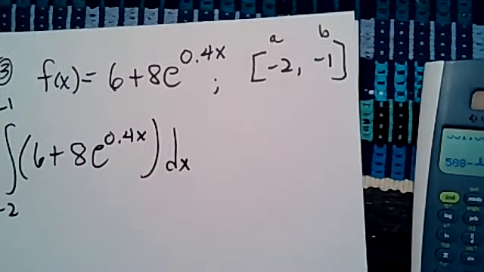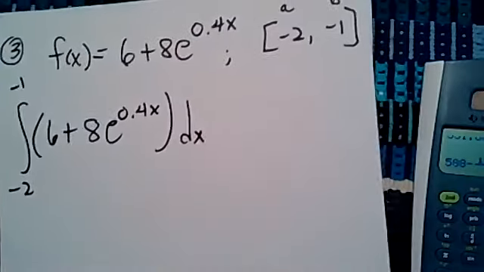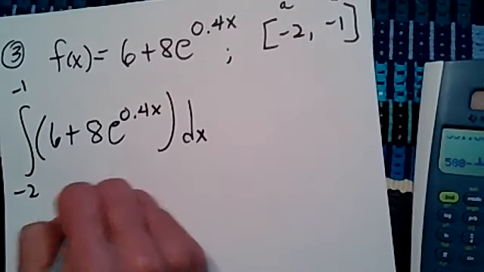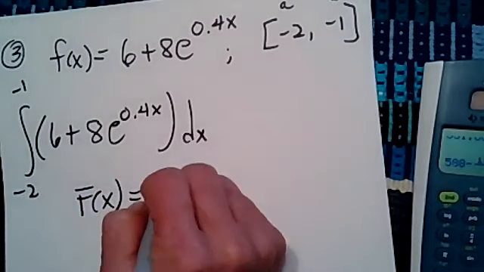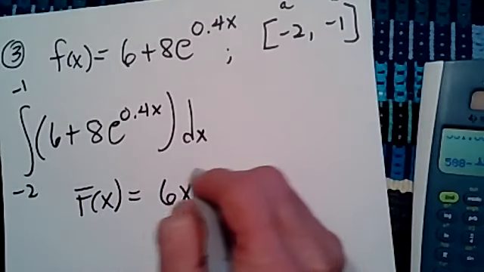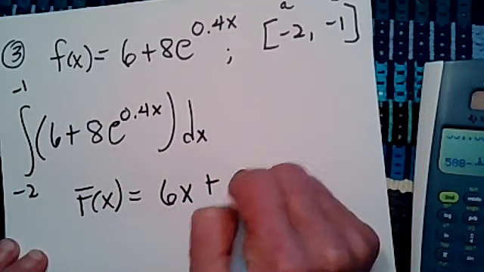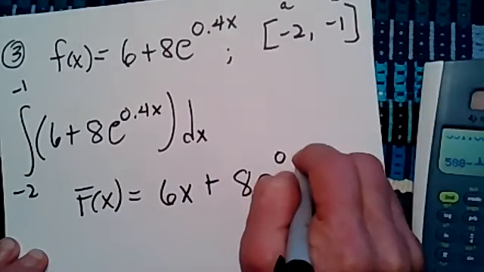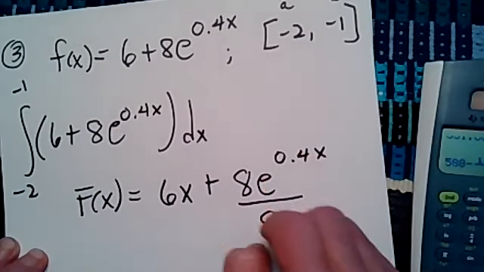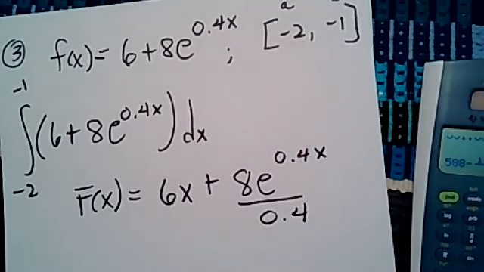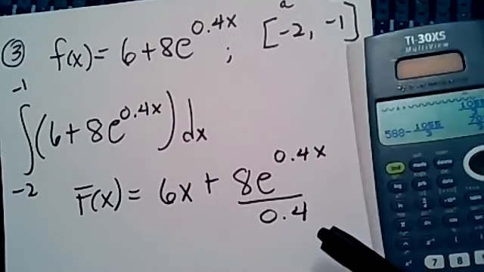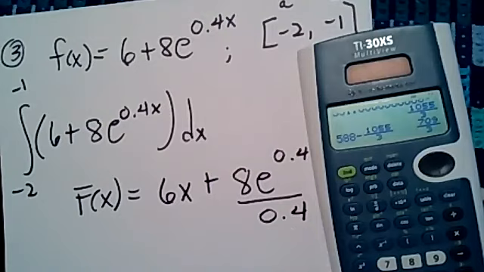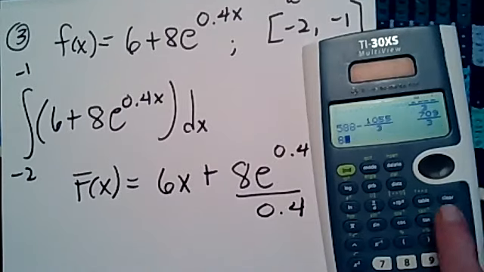Okay, so my antiderivative with my 6.1 rules is 6x plus, that's rule 1, 8e to the 0.4x divided by 0.4. Okay, and you can totally leave it like that. What I like to do to make it easier to put in my calculator, say 8 divided by 0.4, and I see if that makes a nice number.